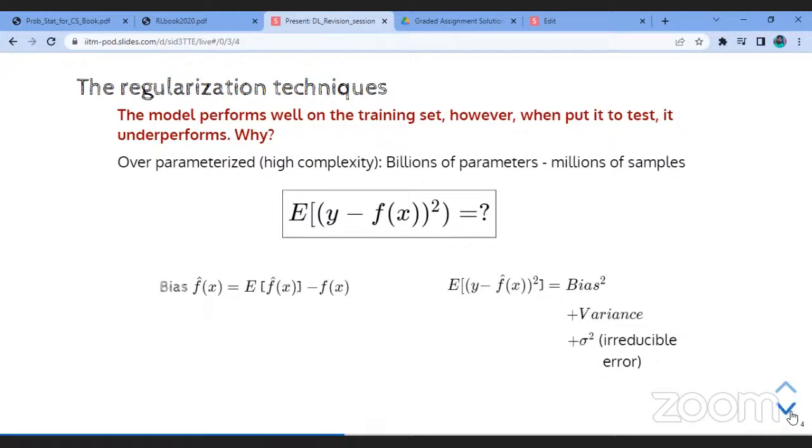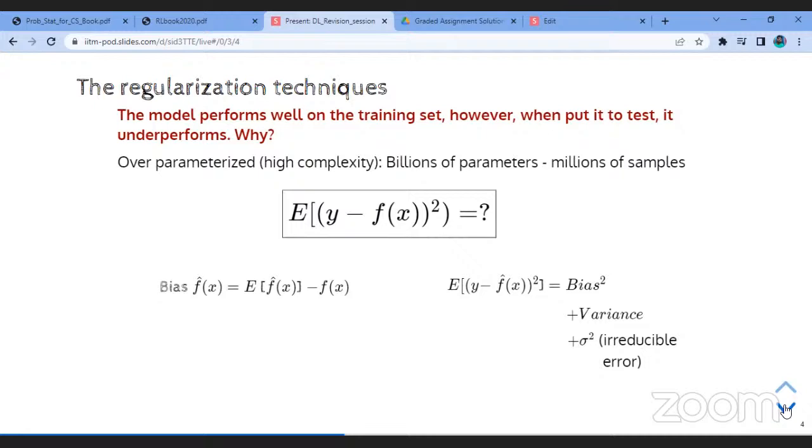This has a long history, introduced in statistical estimation theory, so we borrow it from those domains. So what is bias? You have to keep this in mind. I have a true function f of x, and I also picked an approximation for that function, which we denoted by f hat of x.